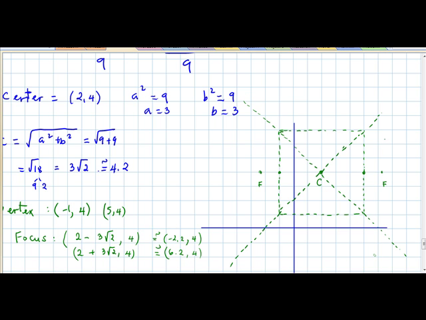Okay, and then we can actually graph our hyperbola now if you like. Here's our vertex, so it looks like this.